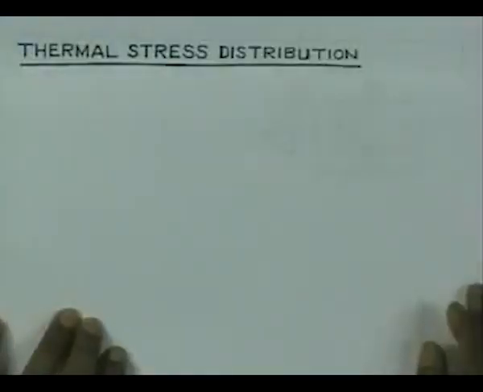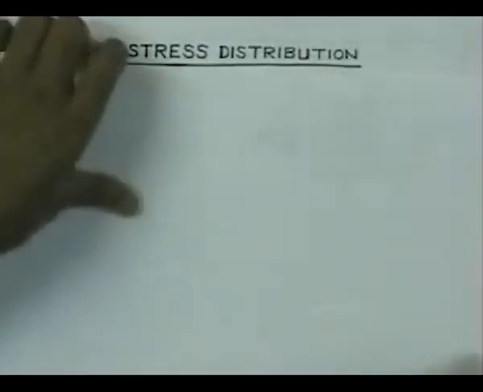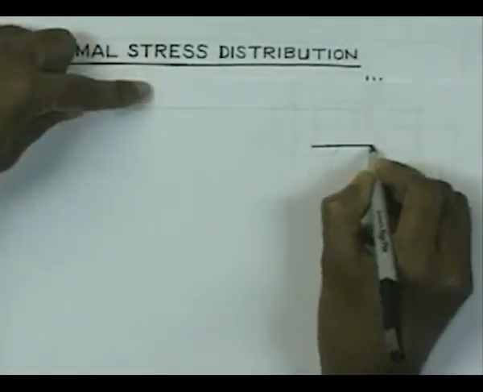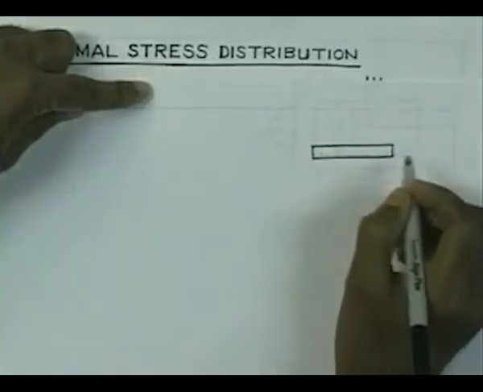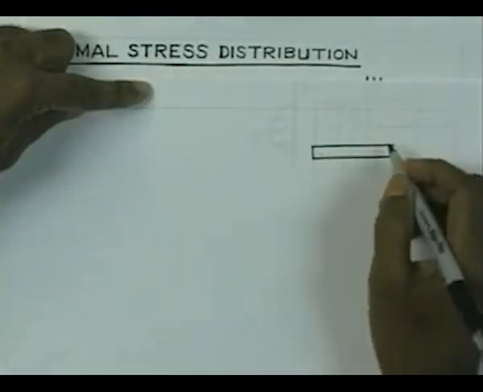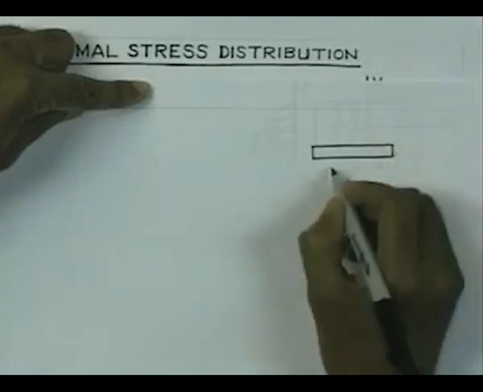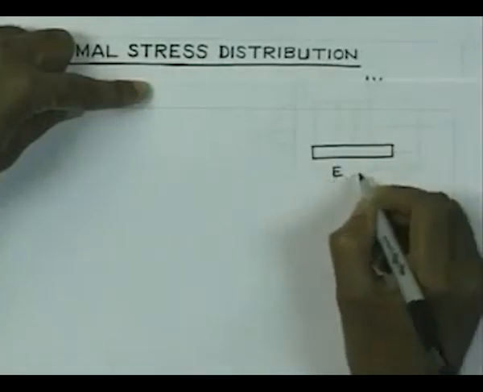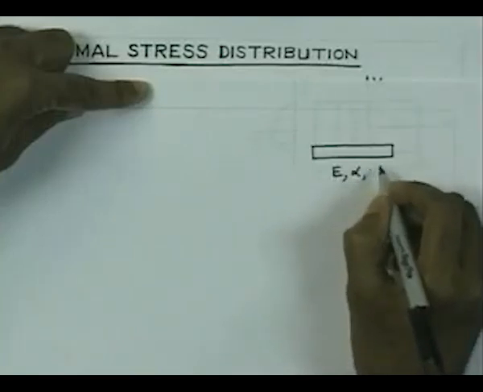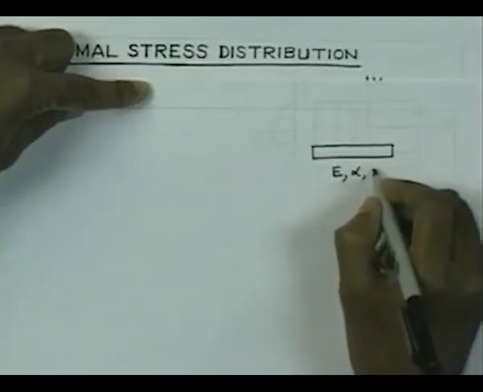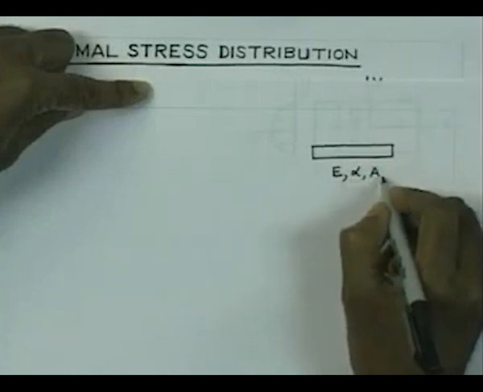We will start with very simple considerations. If we consider a component which is uniform in cross section, let us consider that it is very slender. If we consider that the material properties are modulus of elasticity E, alpha is the thermal coefficient of expansion and A is the cross sectional area.